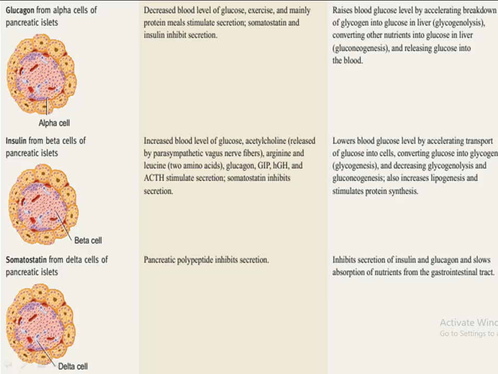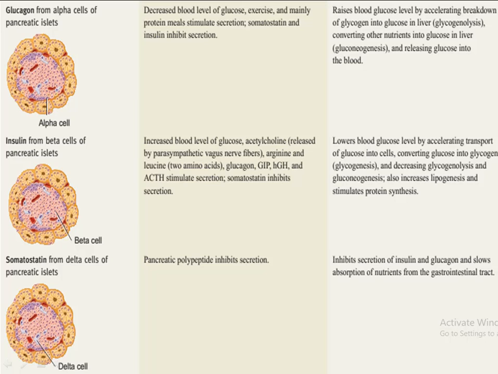Second, that is insulin from beta cells of the pancreatic islets. See, these three, 1, 2 and 3 belong to the secretion or regulation portion. This is actually the physiological actions. So in insulin, we can see that an increase in the blood glucose level is the stimulus for the insulin to release.